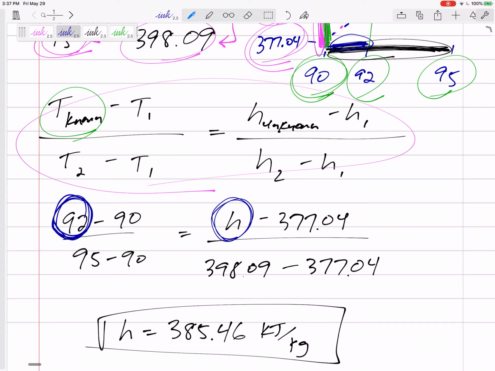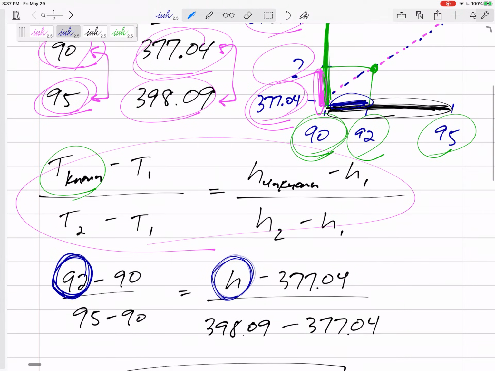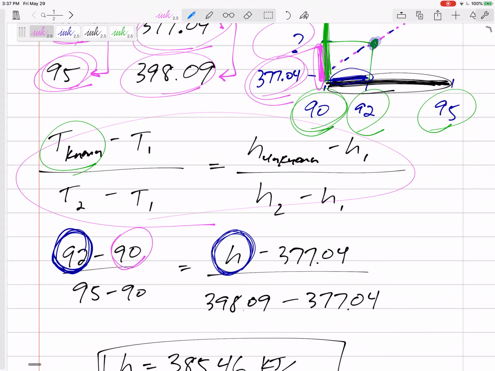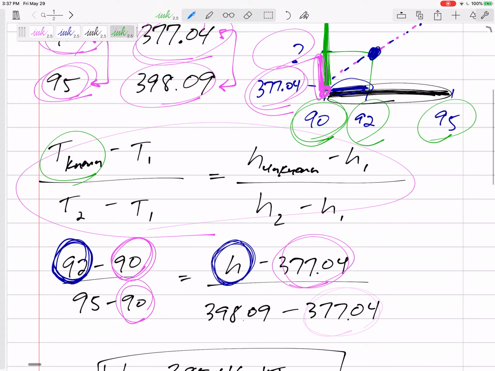This temperature corresponds with this enthalpy, and we'll call it a blue dot right here. I make sure that this temperature corresponds with this enthalpy, and it's again right here and here. And then lastly, make sure that that temperature corresponds with that one right there. Do you see that? And I'm probably making this more complicated than it is.